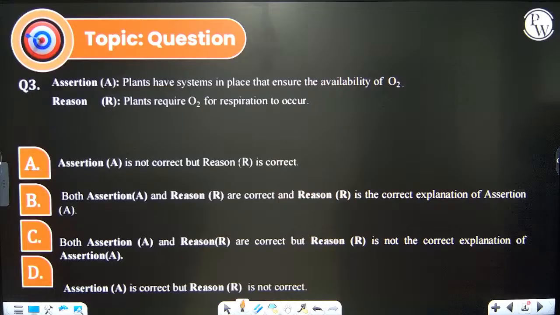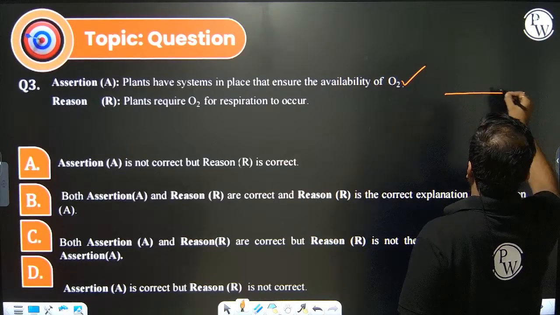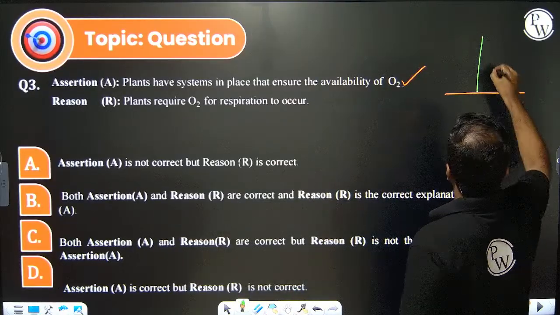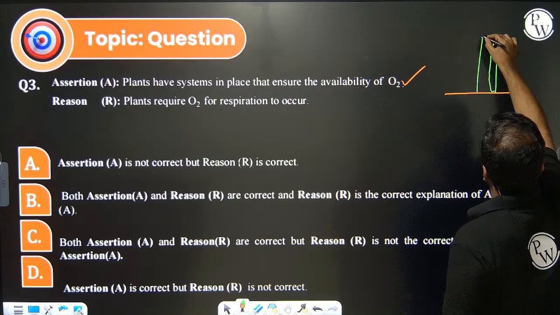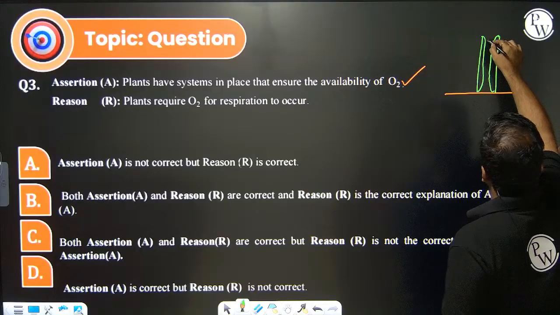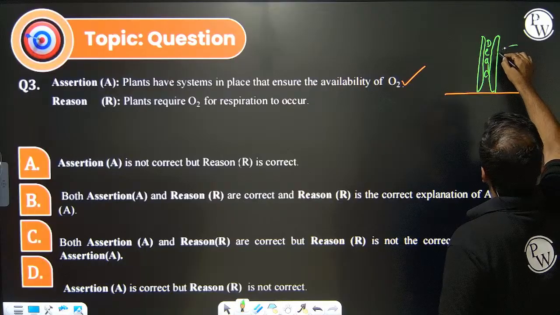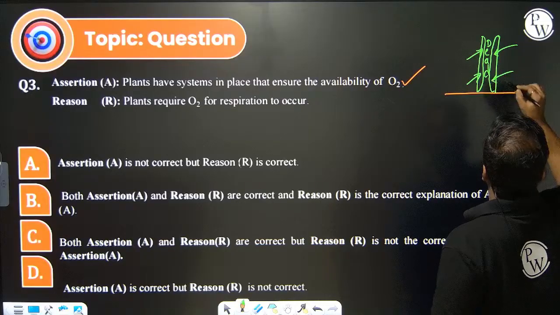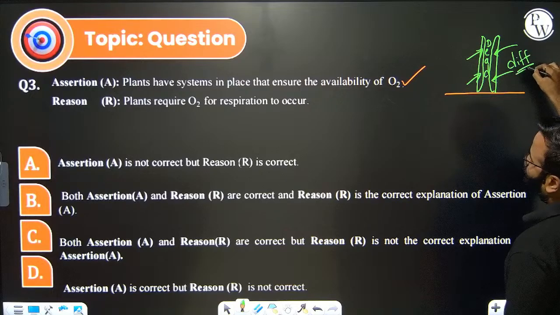Plants have systems in place that ensure the availability of oxygen. As you know, in plants, for example, if you consider this as our plant, only the superficial or the exterior ones are alive, and the deep plant tissues are dead anyway. So these tissues will take care of their oxygen requirements directly with the process of diffusion.